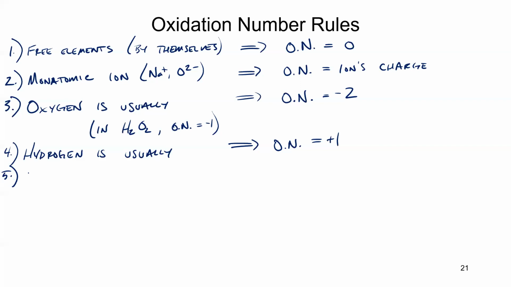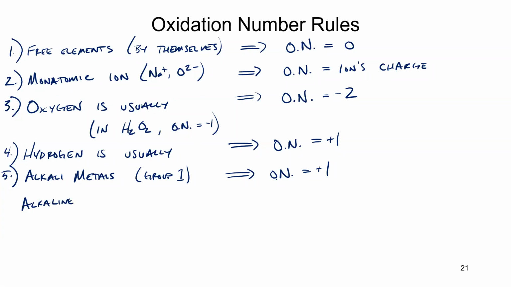The alkali metals, right? Remember that's group 1. Their oxidation number is always +1. Alkaline earths, that's group 2. Oxidation number is +2.